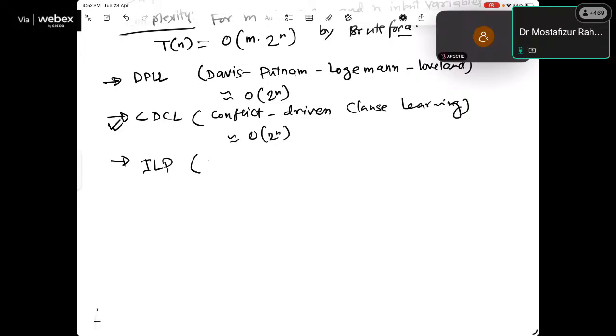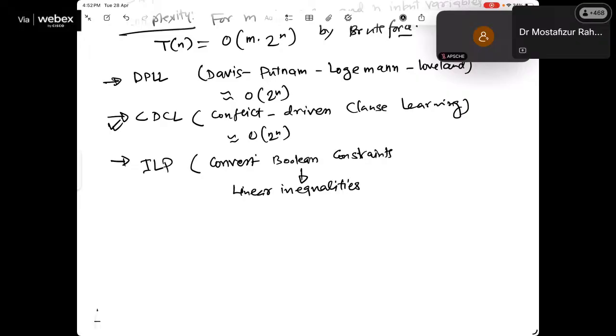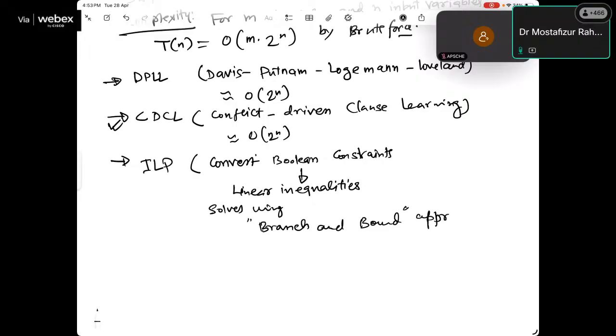Integer linear programming typically converts the Boolean constraints into linear inequalities, and then solves using ways like the branch and bound approach, or the cutting planes approach.